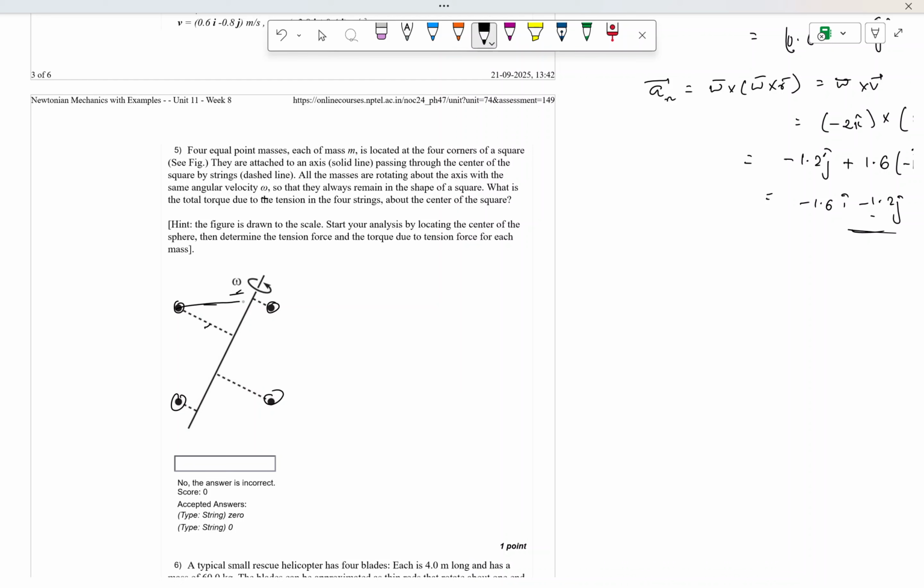Imaginarily you can join them so they look like a square, and this central axis is common to all, and with this they are tied by strings, which are these dashed lines. And they are rotating about this with an angular velocity of omega. So first we have to take the center of mass or center of the square for this case, and then with respect to that we need to solve this.